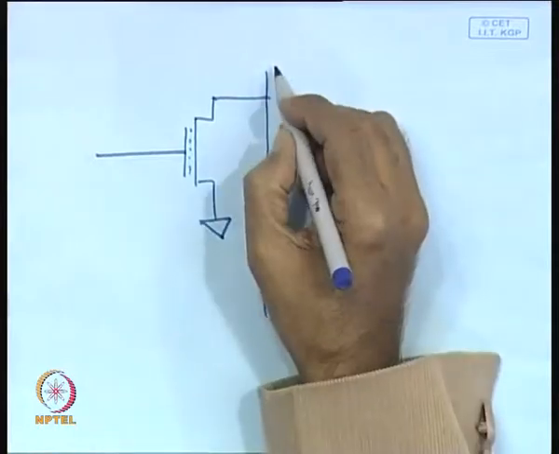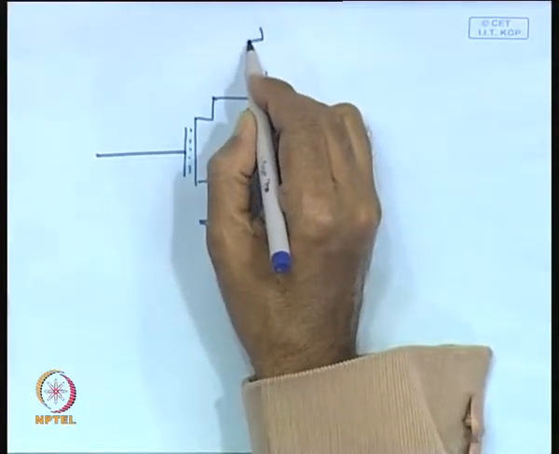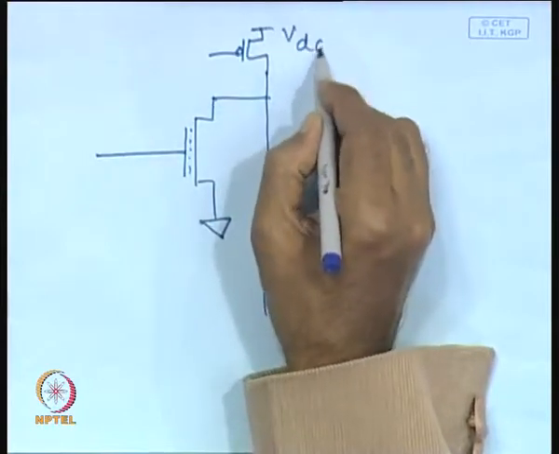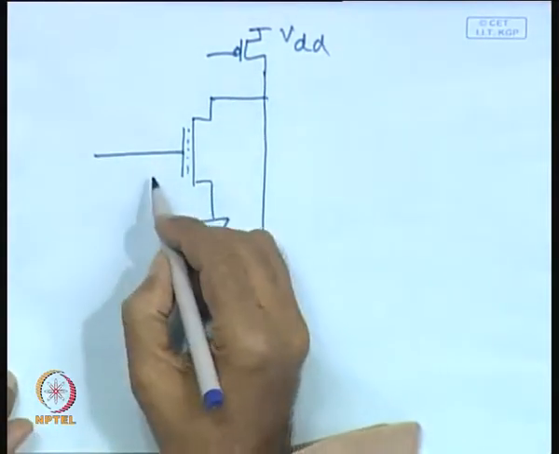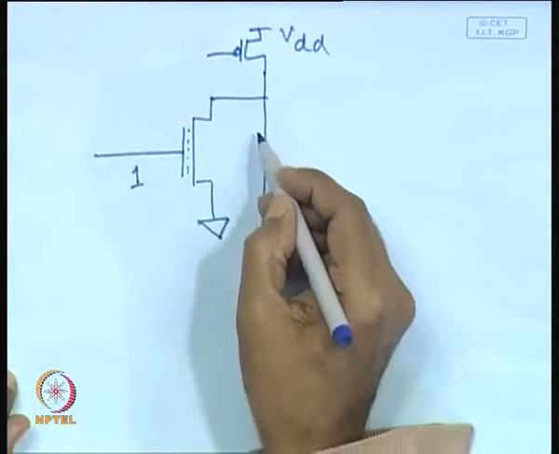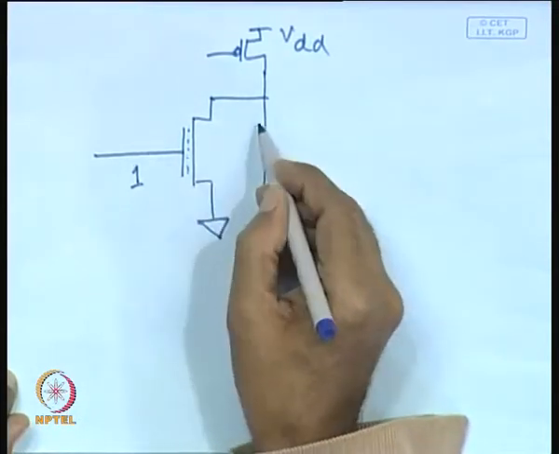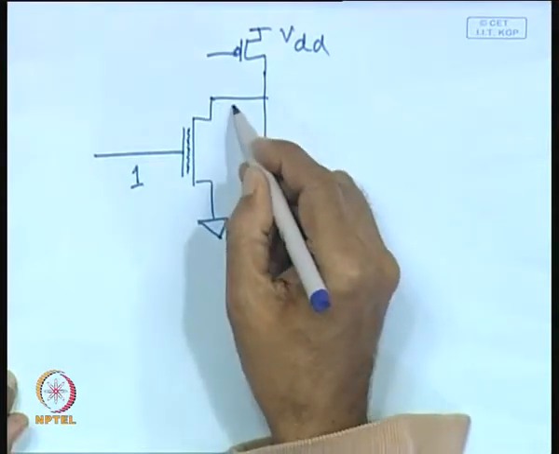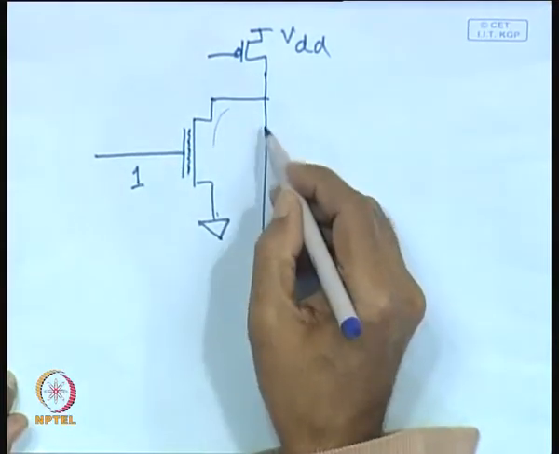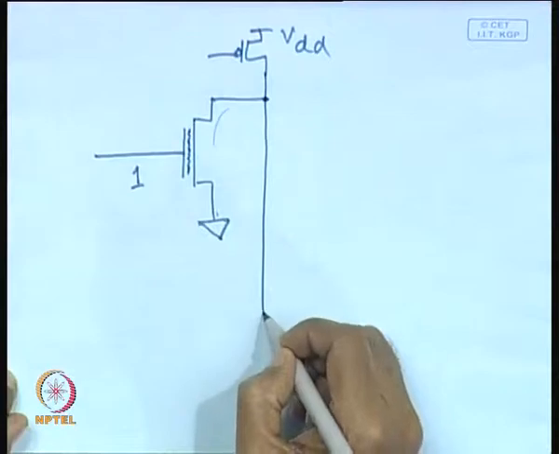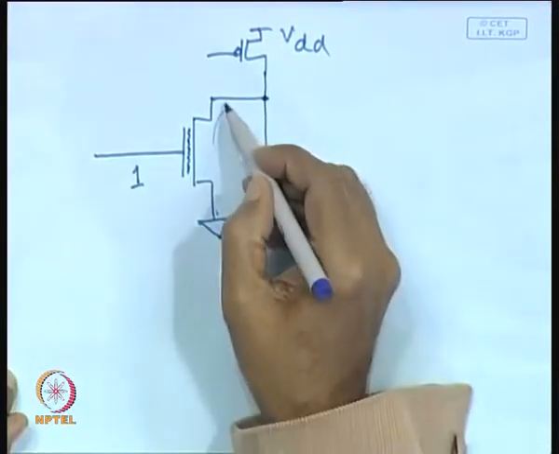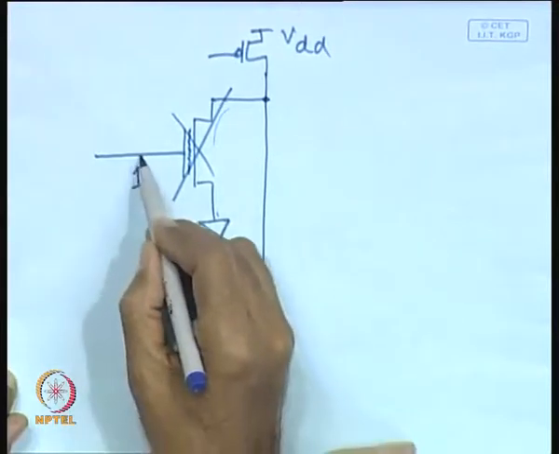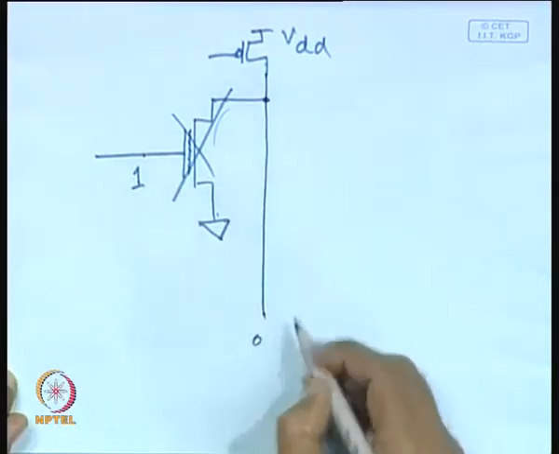Now, here you can have a NOT type of configuration, this is connected to VDD. So, what will happen in this case, if this is 1, then this transistor will turn on. So, this line will be grounded and you will get 0 here. On the other hand, these transistors may not be there, and if 1 is there, obviously this will not be changed. So, you will get 1.